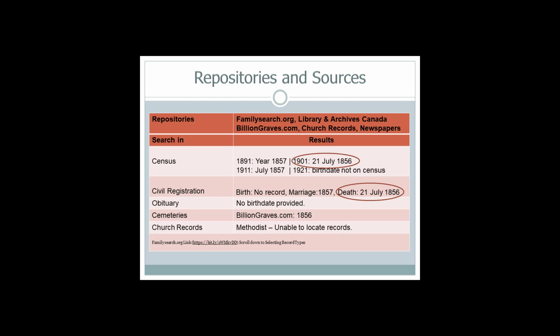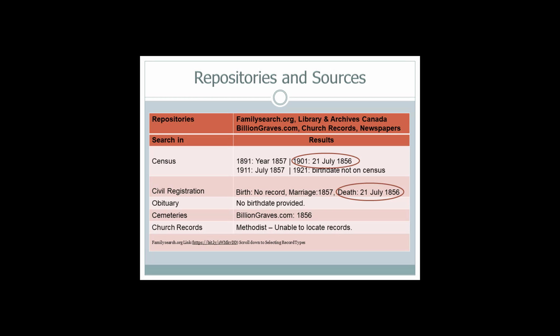The repository is Library and Archives Canada, and I'm searching the census records. The 1891 census provided the birth year of 1857. The 1901 census provides a birth date shown as 21 July 1856.